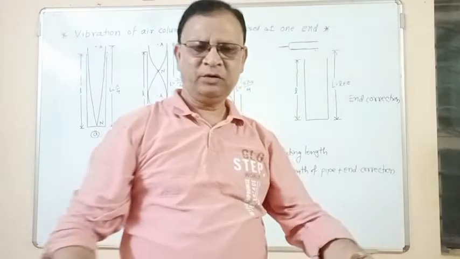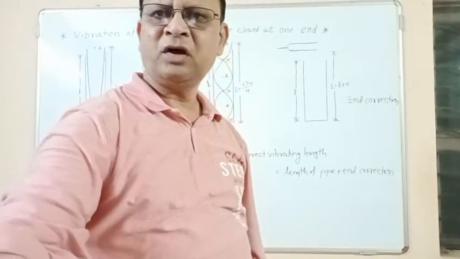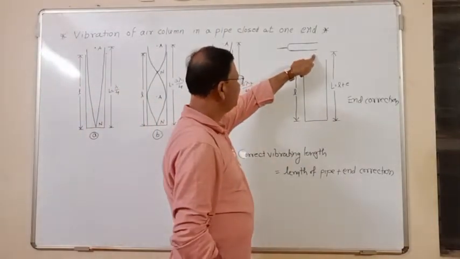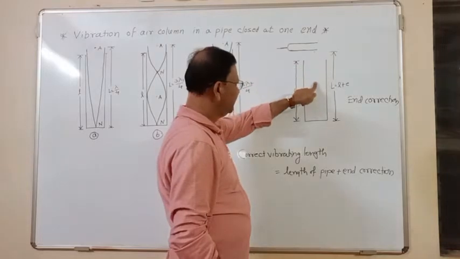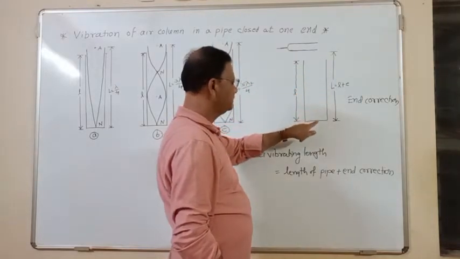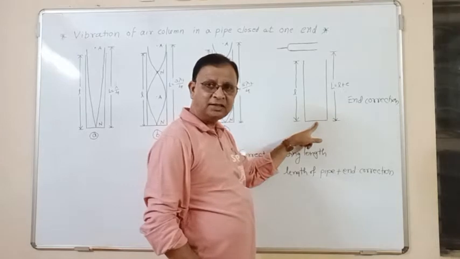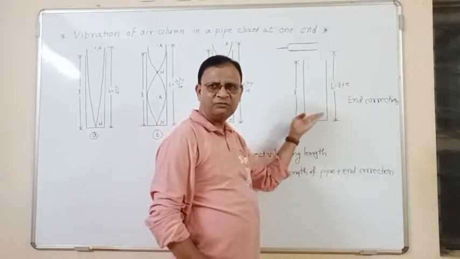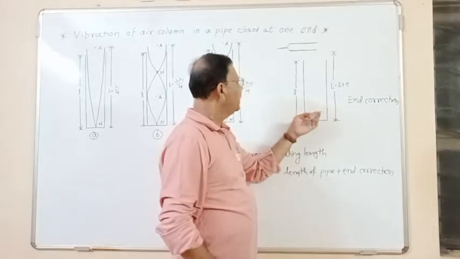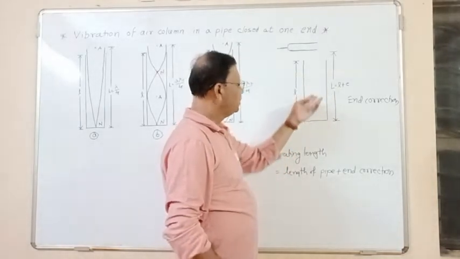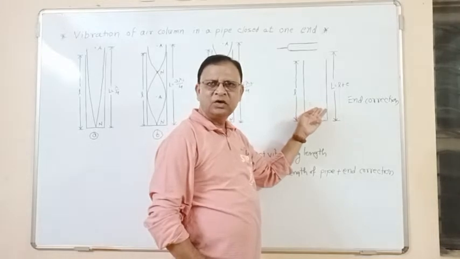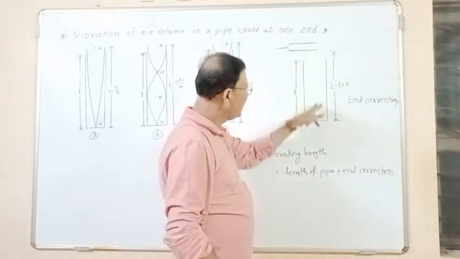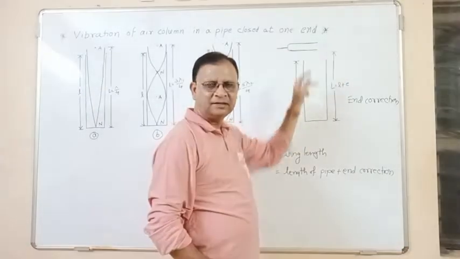This longitudinal wave, which is formed by the prongs of the tuning fork, travels along the length of the tube. Here there is a closed end. The wave gets reflected from the closed end. A change of phase of pi radians is produced, and therefore this air column consists of two identical longitudinal waves, incident and reflected.